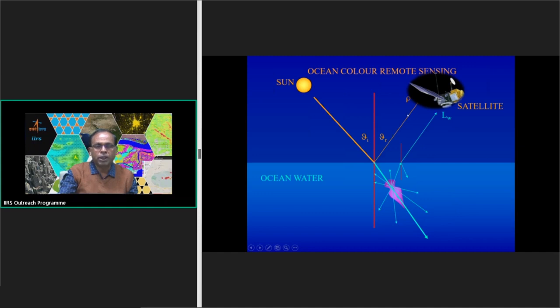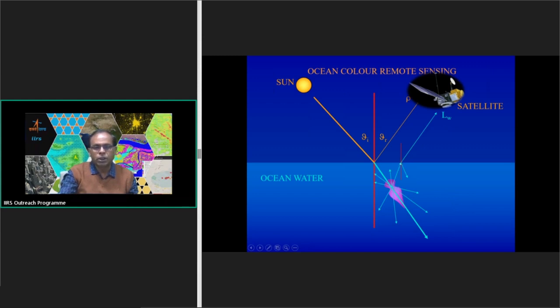First, it is getting reflected from the surface, which is known as Fresnel's reflection coefficient, and the remaining light will penetrate inside the water, and it will be successively absorbed and scattered by water molecules, and the backscattered light will reach the surface.